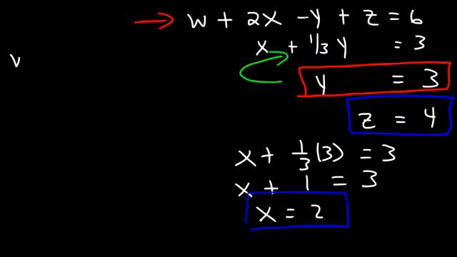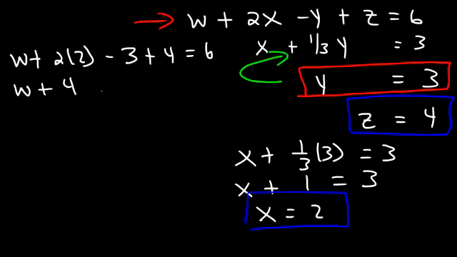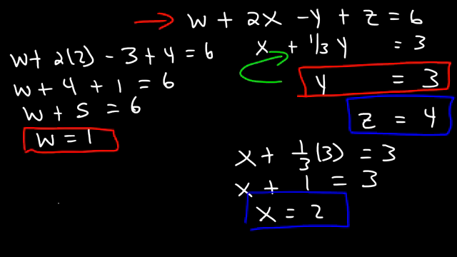So it's going to be w plus 2x, or 2 times 2, minus y, which is 3, plus z, which is 4. So 2 times 2 is 4, negative 3 plus 4 is 1, and 4 plus 1 is 5, and 6 minus 5 is 1. So w is equal to 1.